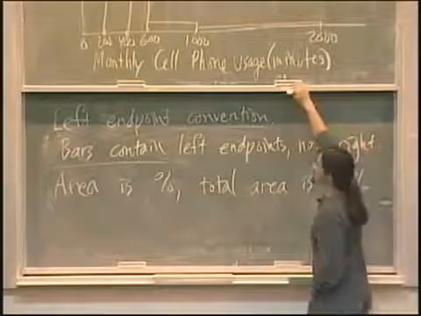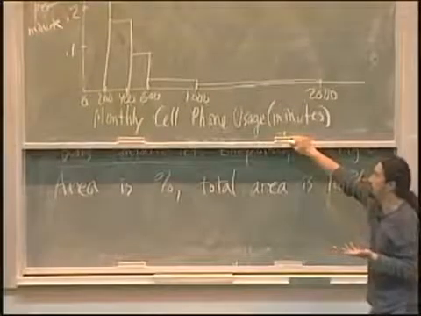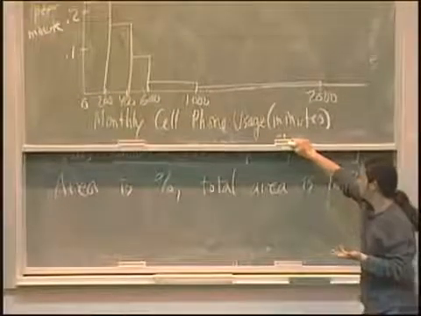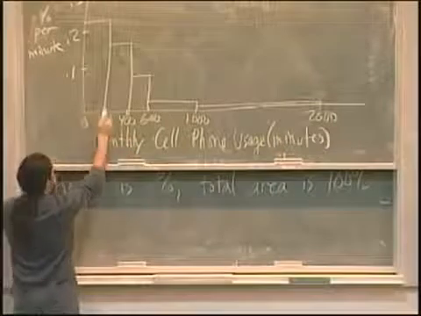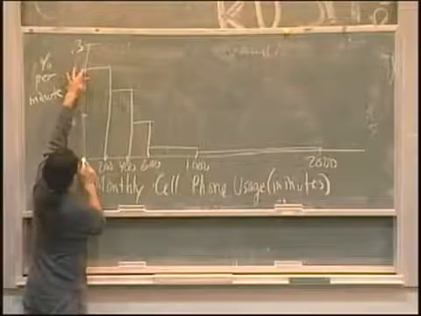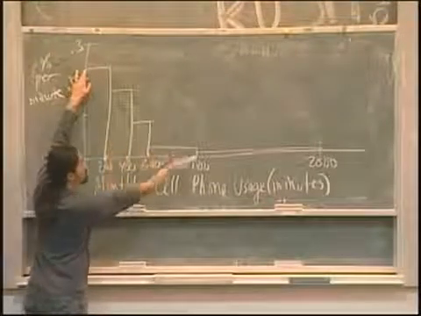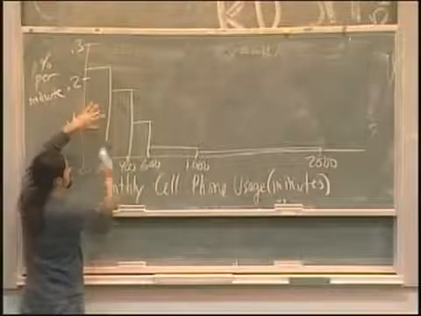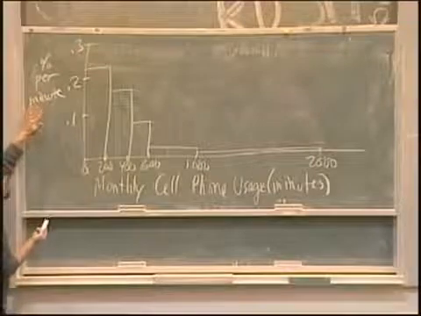So if I didn't give you that axis, you should be able to figure out what it would have to be. Since the total area is 100%, if I take this distance here, 200, times the height, I could figure out what percentage is in there. And I could do that for every bar. Okay? I could figure out what percentage is in each bar and then figure out what the axis label must be.